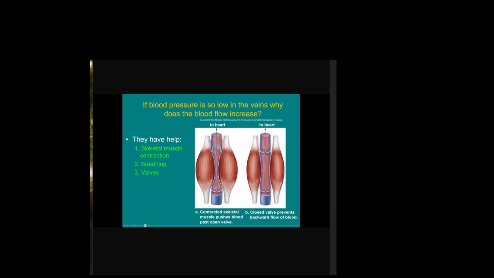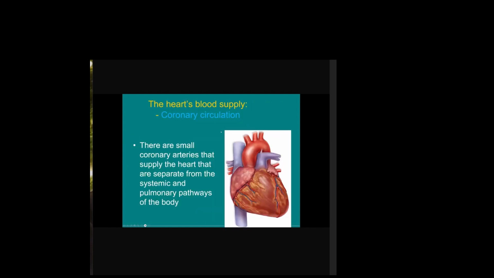When the skeletal muscles relax, the tendency would be for the blood that was in the veins to come back. But since they have valves here, it cannot drain backwards. So this continuous contraction of the skeletal muscles helps to bring blood back to the heart.